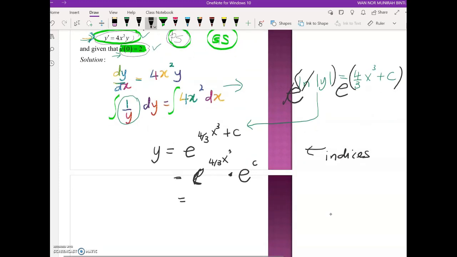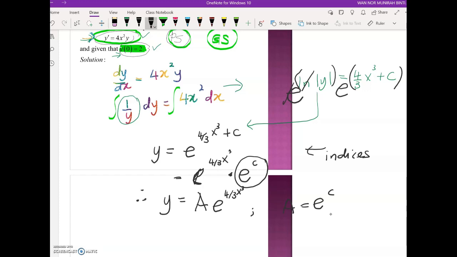So exponent c is just a constant, we call it a. Note that a is exponent c, so I have y equals a times exponent 4 over 3 x cubed.